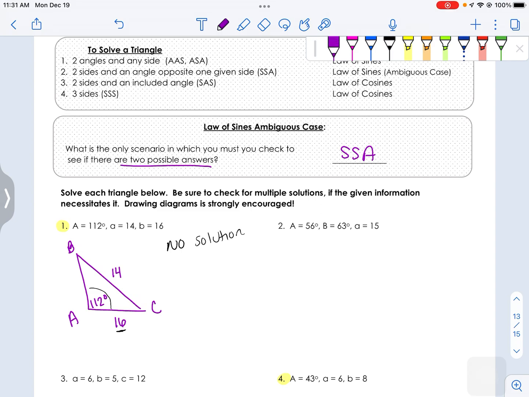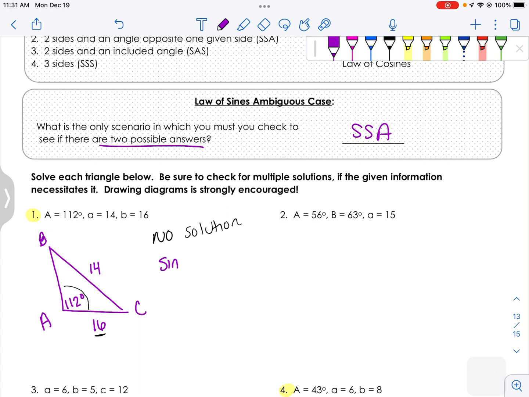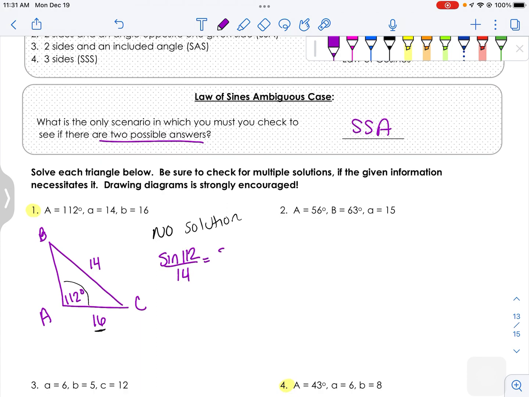If you didn't see that right away, you could set up a law of sines. Sine of 112 over 14 is going to be equal to the sine of C over 16, and you would end up with the sine of C being equal to a value that's greater than 1, and it would give you an error in your calculator, so you know that that's going to be no solution.